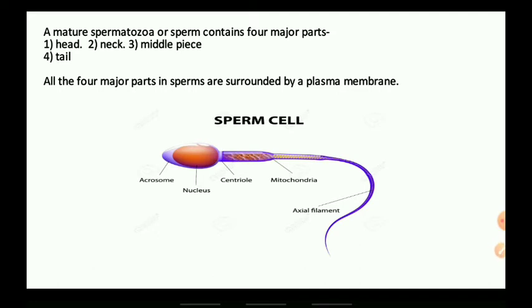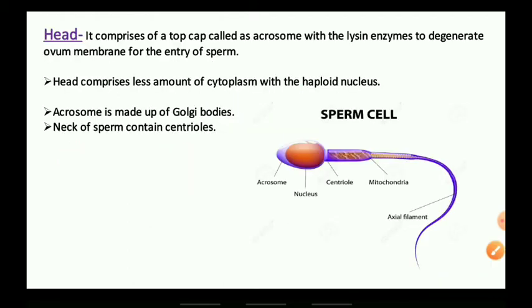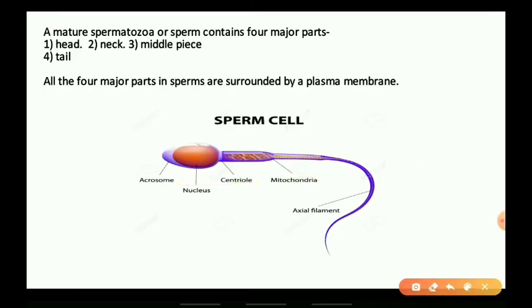Now, next, whatever the mature spermatozoa is there, let us talk about the structure of the sperm. A mature sperm, or spermatozoa, also called sperm, contains four major parts.